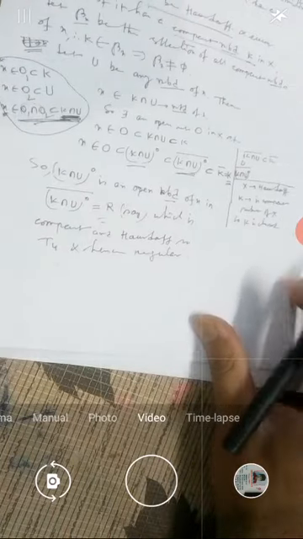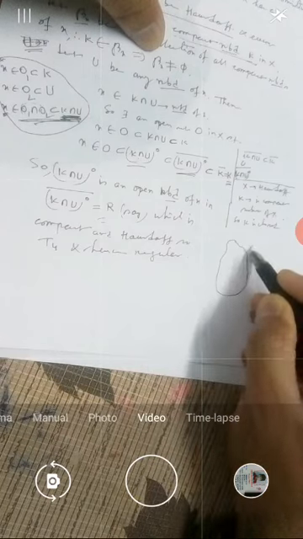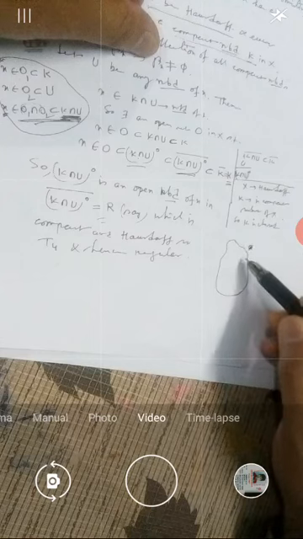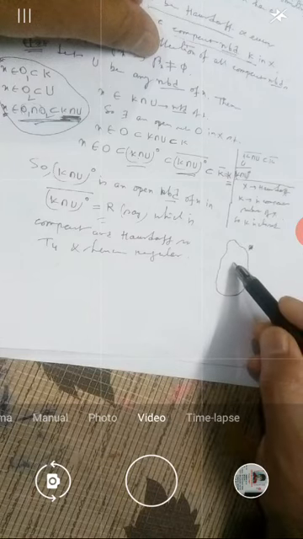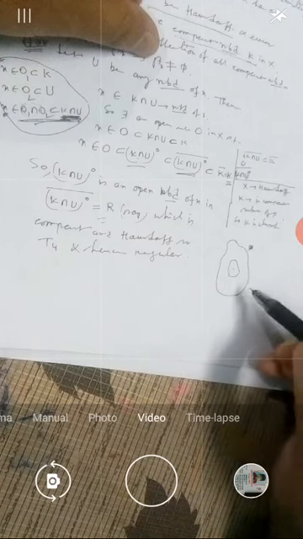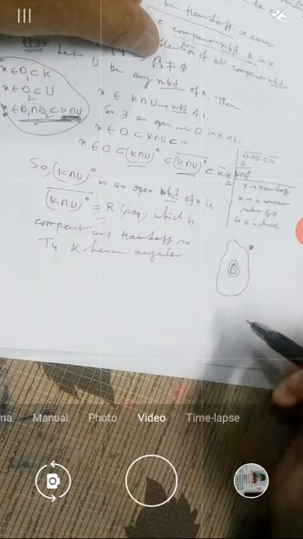Now we know that a topological space is regular if for any open set and any point inside it, there exists an open set containing this point whose closure is contained in this open set.